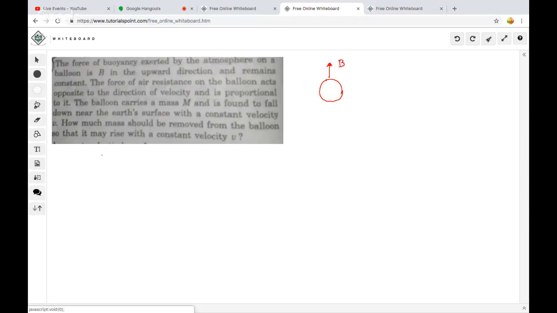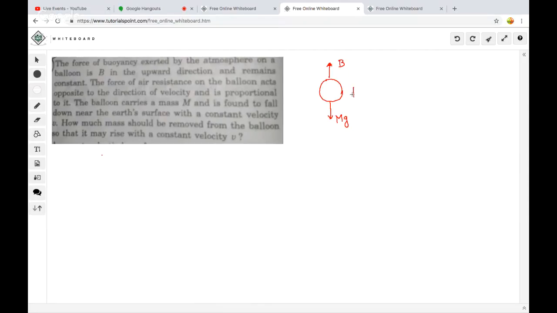The balloon carries a mass capital M. So of course, since it has mass M, it will have an mg force downwards. And it is found to fall down near the earth's surface with a constant velocity v.